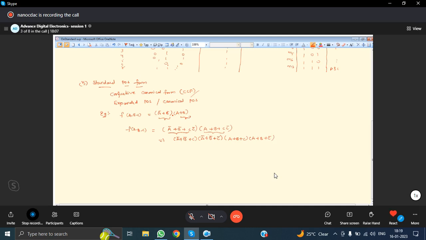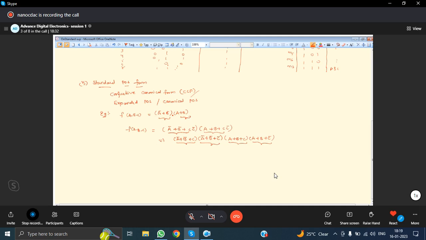This way each sum term contains each of the n variables in either complemented or uncomplemented form. So this is one term. It has A, B, C here, A, B, C here also, and A, B, C here also, either in complemented or uncomplemented form.